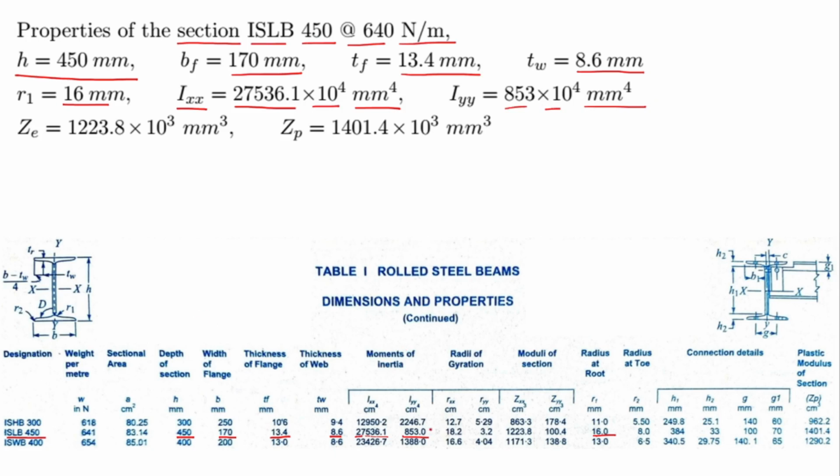Then elastic section modulus about x-axis is 1223.8 into 10 cube mm cube. Here also the given value of elastic modulus in centimeter cube has been converted into mm cube. Similarly, plastic section modulus for the section will be 1401.4 into 10 cube mm cube.